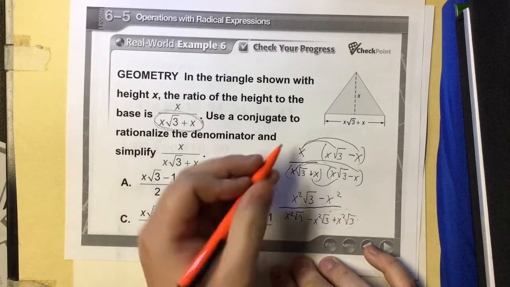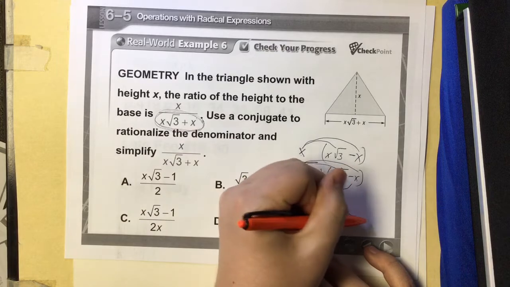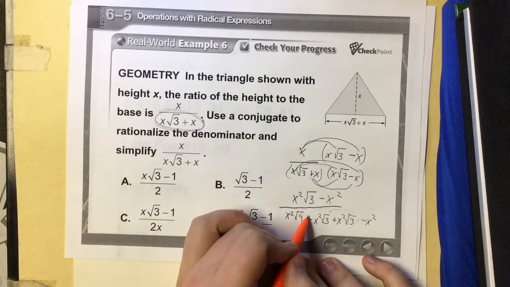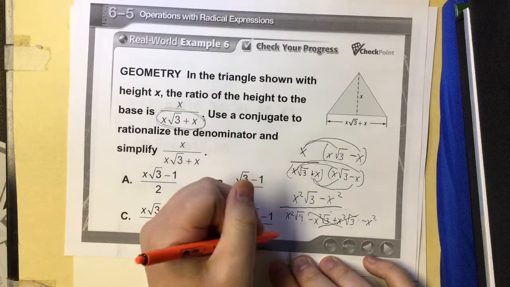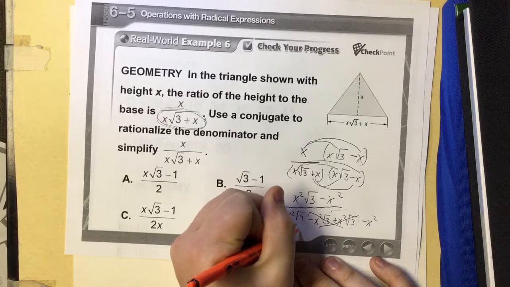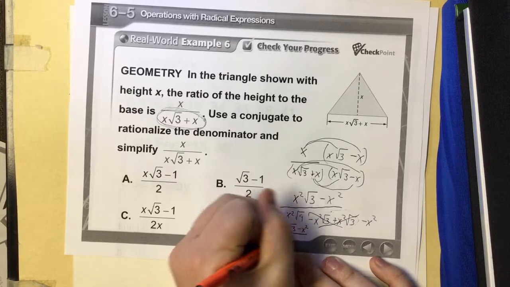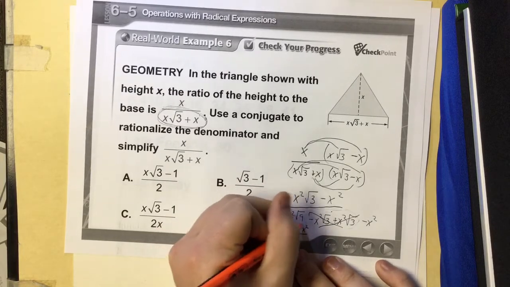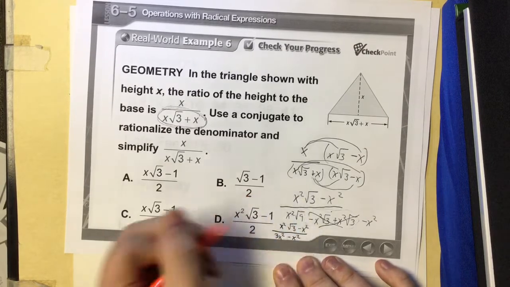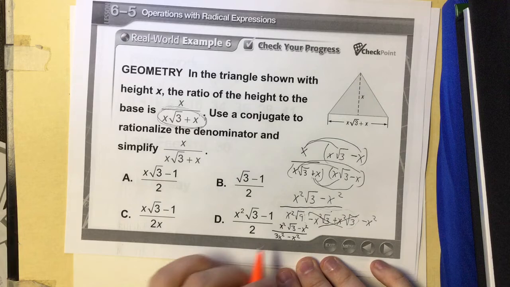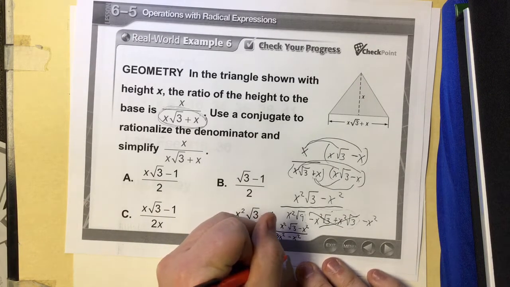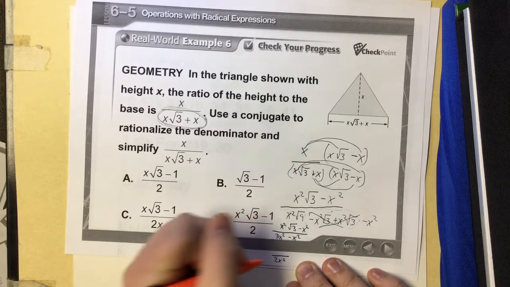These middle terms are going to cancel out, and then minus x squared. So we are left with x squared radical 3 minus x squared all over the square root of 9 is 3, so 3x squared minus x squared. 3 minus 1 is 2x squared. So we have a 2x squared on bottom.